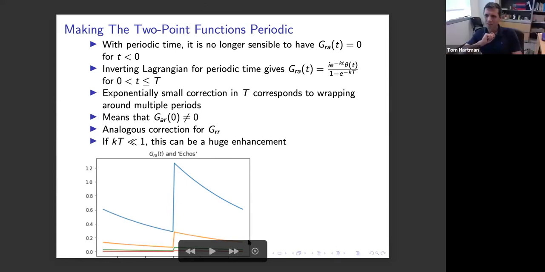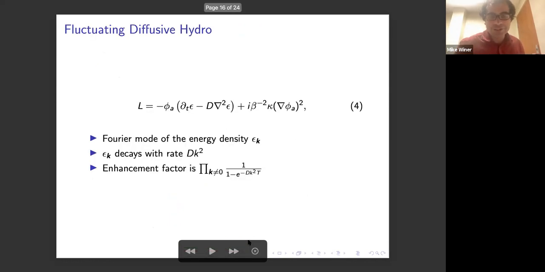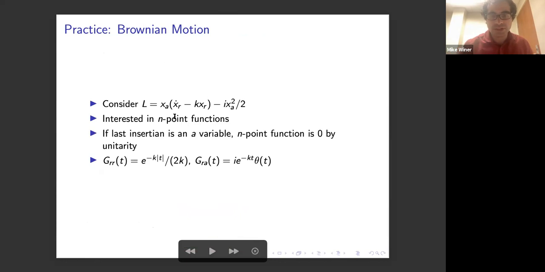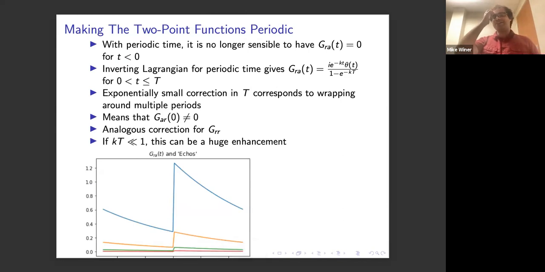Okay, this was my attempt to convey the idea. So basically, we have our Lagrangian. We're trying to invert it on a periodic time fold. Right, so we want to invert this Lagrangian here, basically. So it's like a delta function, and then it decays, but it's periodic.